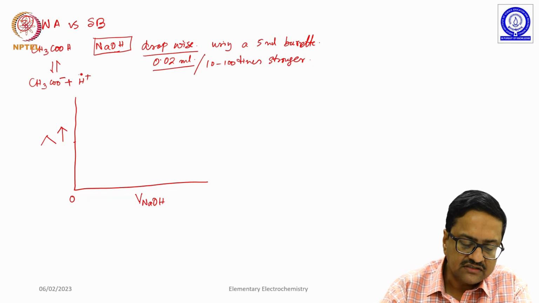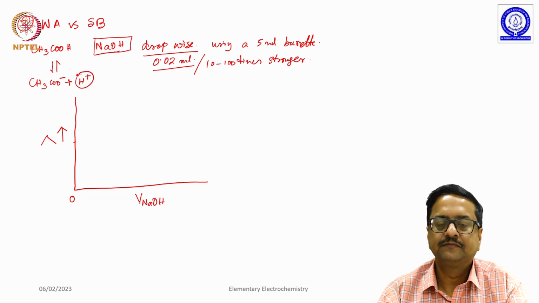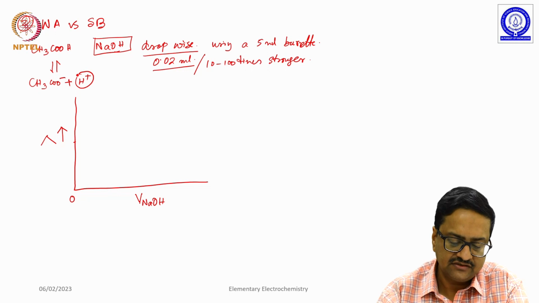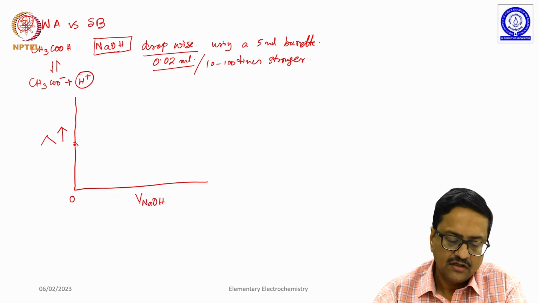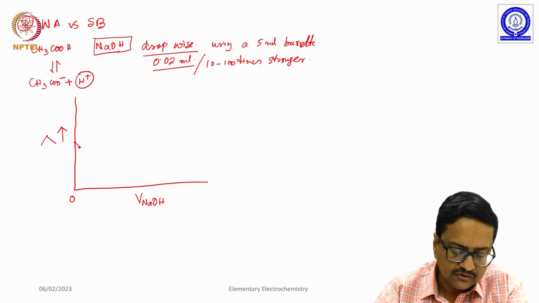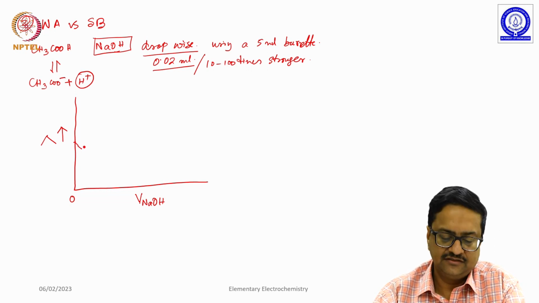This will continuously start removing H plus ions. So as soon as you add the first drop, the conductance will decrease. You add another drop, the conductance tends to still decrease.